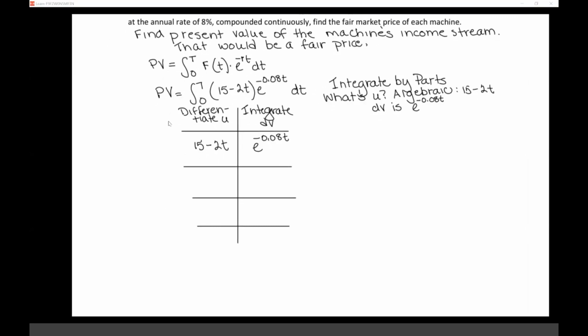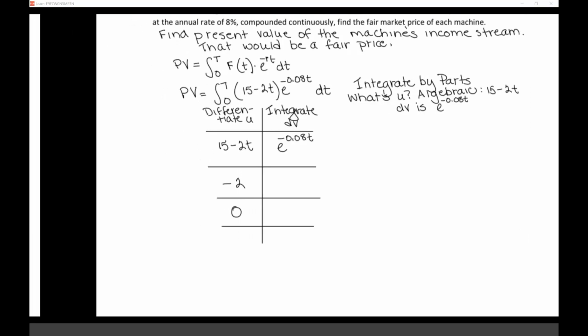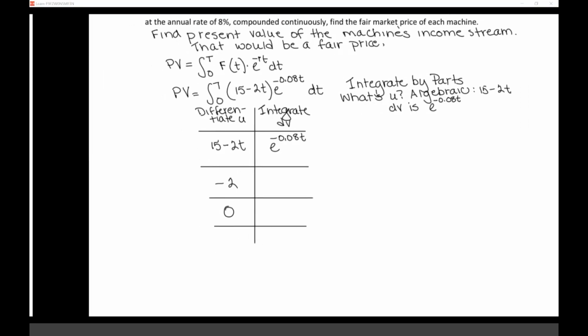If I take the derivative of 15 minus 2t, the 15 gives me a 0. I'm differentiating again with respect to t, and this is going to give me a -2. If I differentiate one more time, I get a 0. That's taking derivatives.